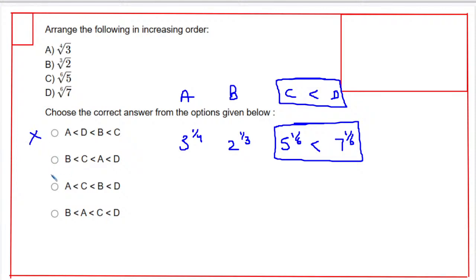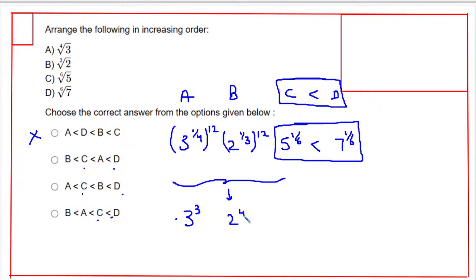Now, if I take the comparison of all the three together and I raise each of them to the power of 12, it will bring me 3 raised to the power 3, 2 raised to the power 4, and 5 raised to the power 2. 27, 16, and 25.